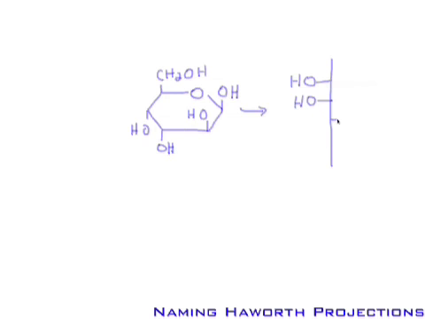Below the plane's to the right. Okay. Now we have this oxygen of the ring that cyclizes. This is a D sugar, so it's to the right.